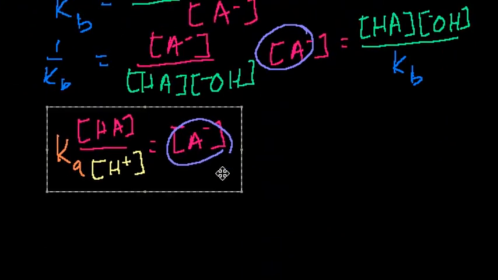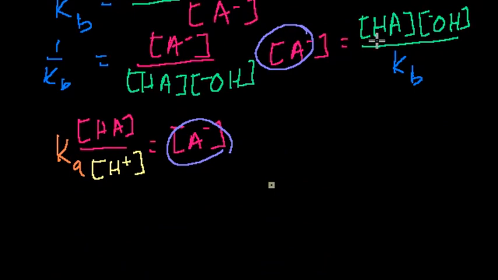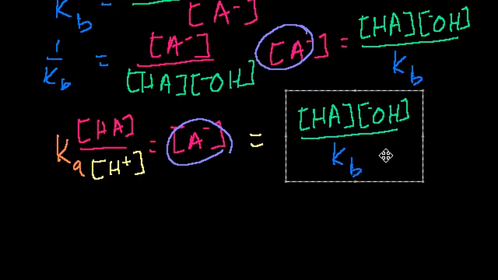This thing is equal to that thing. So let's see if we can find a relationship between Ka and Kb.